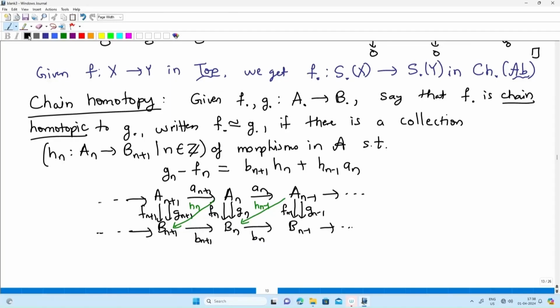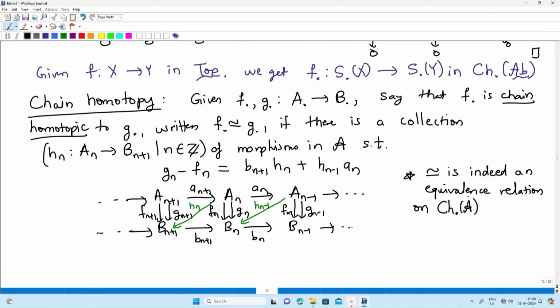You will have to do a little work, taking some combination, but I'm just going to write that this is an equivalence relation on the category of chain complexes.